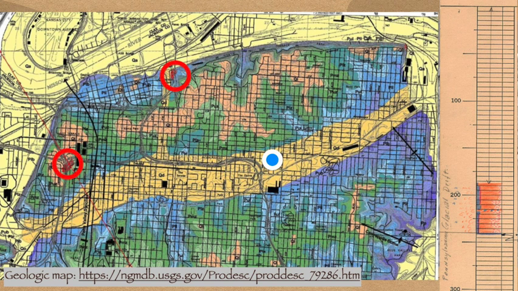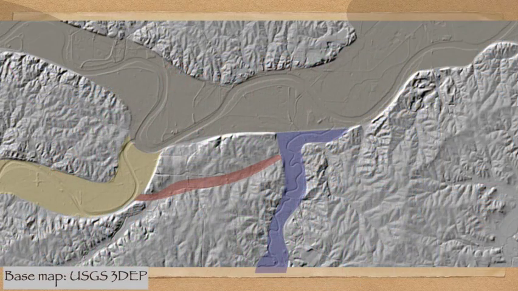Now this is even deeper. How can we explain this? So we're going to go back to this shaded relief map, but let's remember that the modern map isn't going to provide a full, accurate representation of what the landscape looked like in the pre-glacial era, 2 or 3 million years ago.